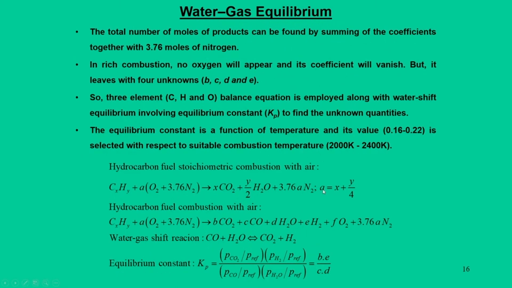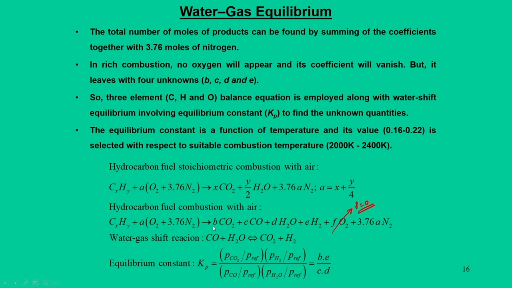Now, let us understand what happens if the mixture is rich. When the mixture is rich, the only thing we can predict is that no oxygen will appear. That means F will be 0, because the mixture does not find a sufficient quantity of air. Then what do we see?